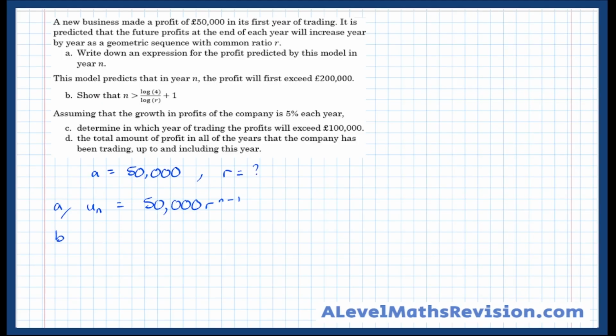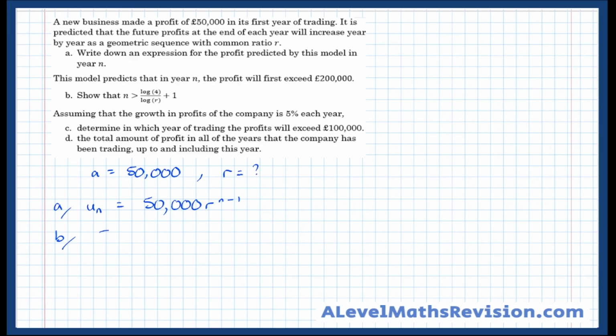Part B. The model predicts that in year n the profit will first exceed 200,000. Show that n is bigger than log 4 over log r plus 1. Have a think about this, pause it, see what you can do, but I'll crack on.